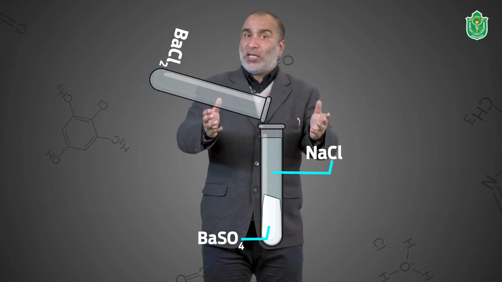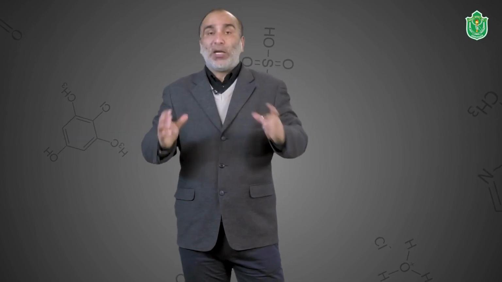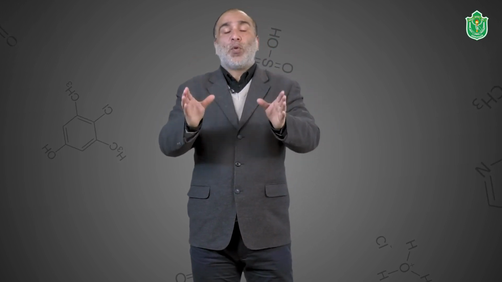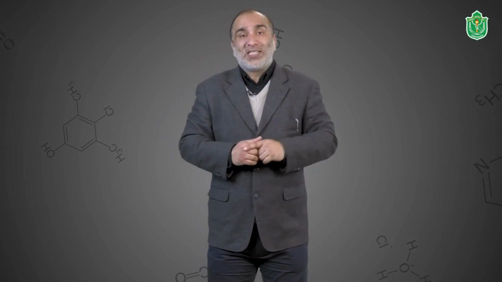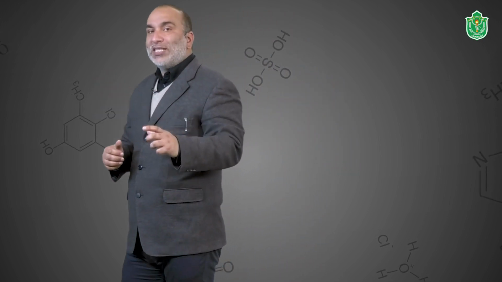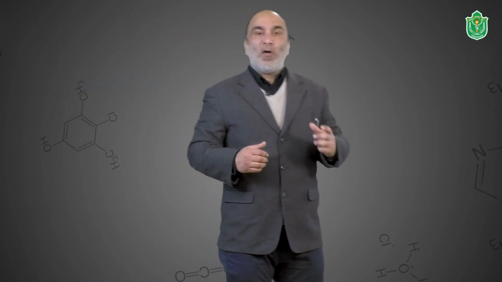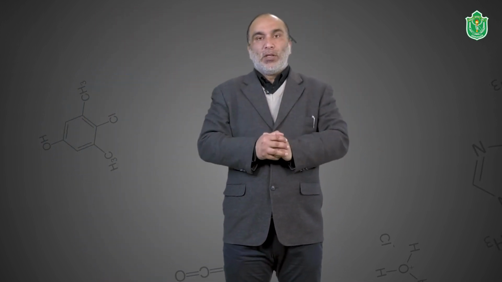Now we know NaCl is soluble in water, it forms an aqueous solution, but this barium sulfate, which is an insoluble product formed, will result in the formation of a precipitate.